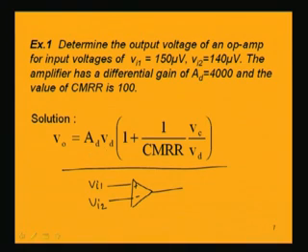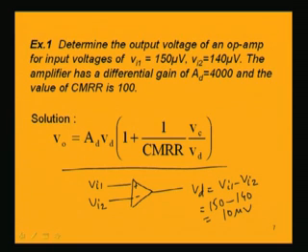So, Ad is 4000, we know it. What is the Vd, difference voltage? We can find out Vi1 minus Vi2, that is the difference voltage 150 minus 140, and that is 10 microvolt. So, 10 microvolt is the difference voltage applied between the two inputs of the op amp, and CMRR is 100 is given, and Vc and Vd we have found out.